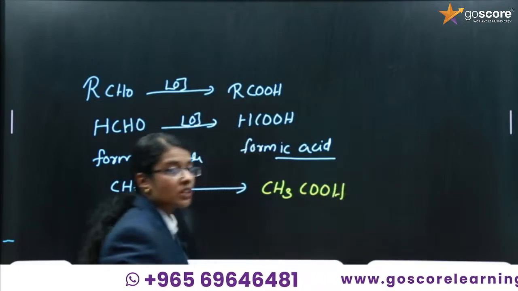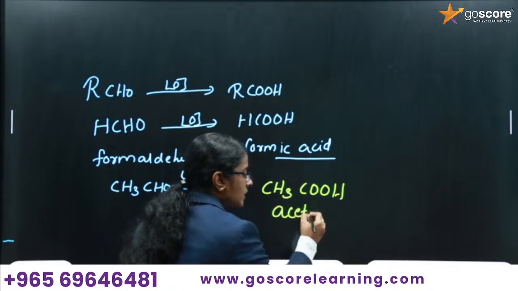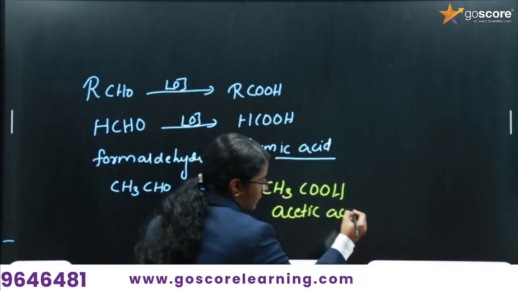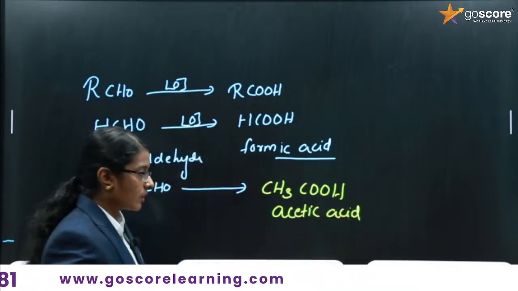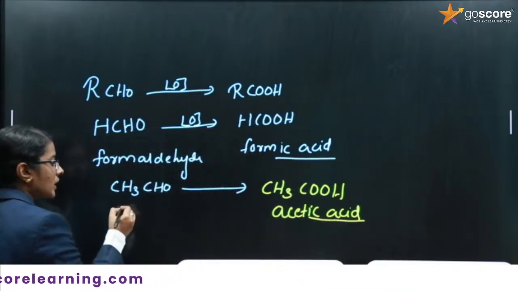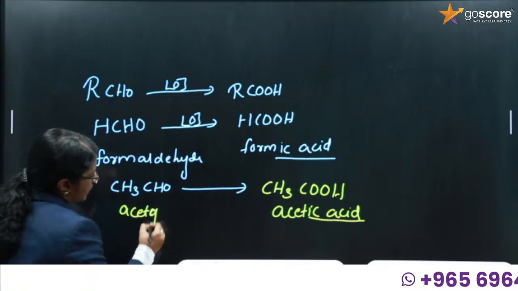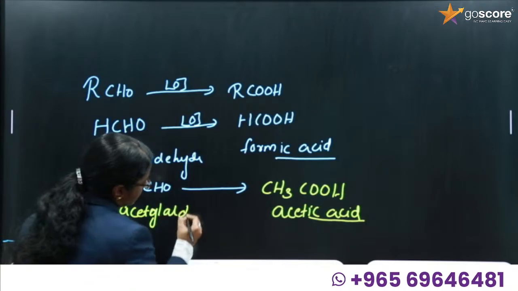What is CH3COOH? It is acetic acid. Replace "ic acid" by "aldehyde", then you will get the corresponding aldehyde, that is acetaldehyde.